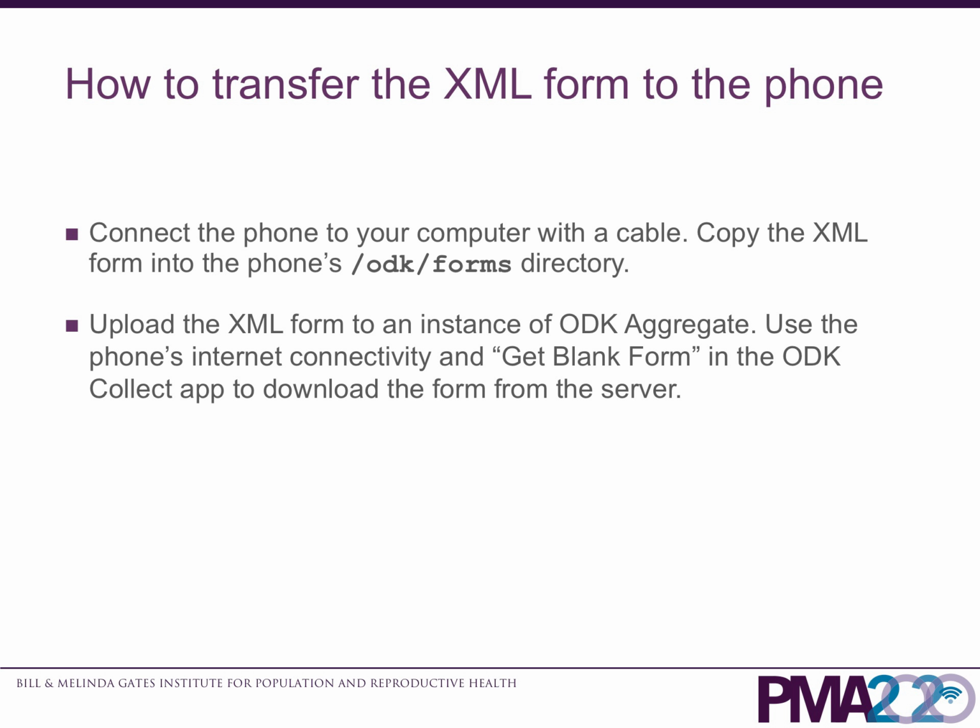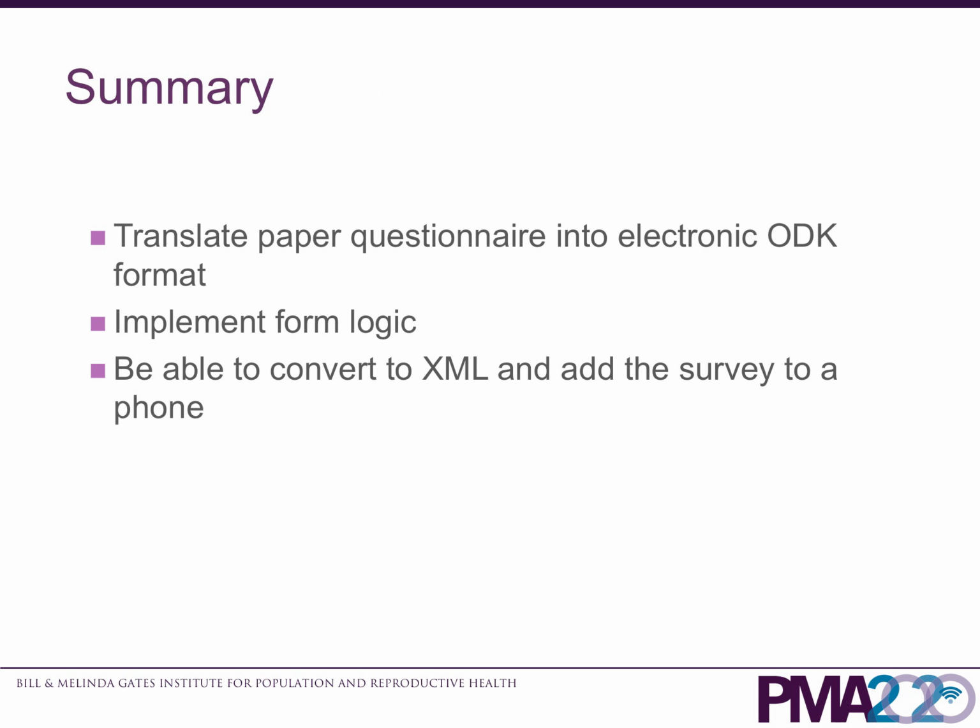Another way that we can get the XML form onto the phone is to upload the XML onto an instance of ODK Aggregate. This is the server that the ODK platform has built to accompany the ODK Collect app. In the app, then, we will specify the server that we uploaded to and use getBlankForm to download the form from the server. Wow, James, we've covered a lot of territory.